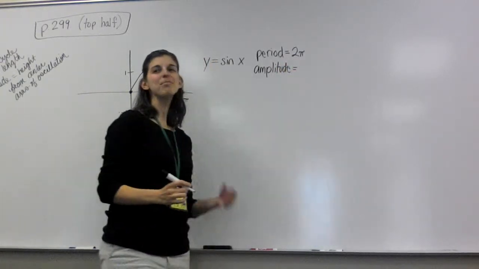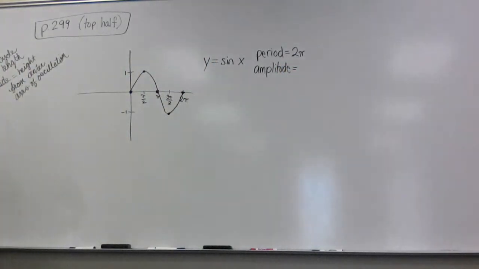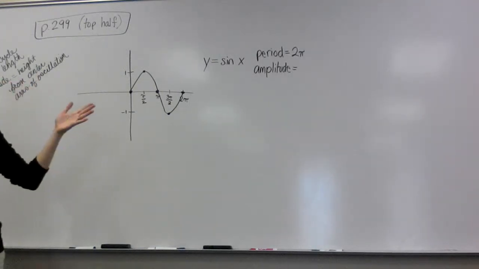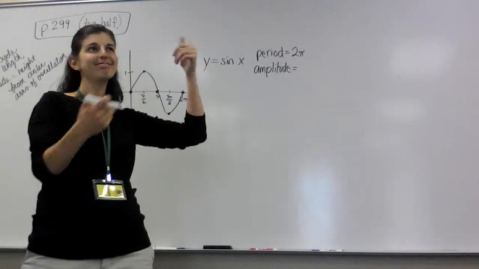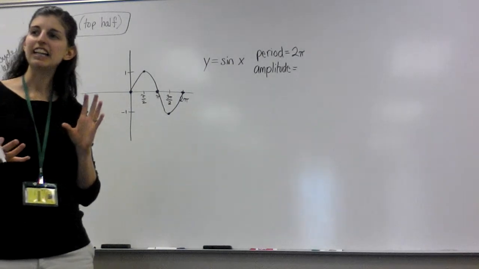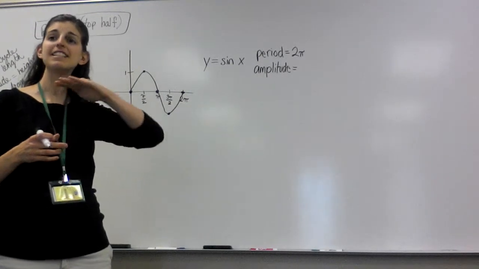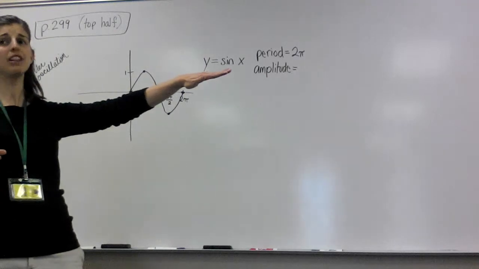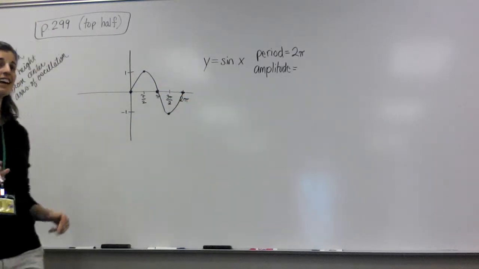The amplitude we did not get to talk about on Friday. Listen close, because it's kind of an ambiguous definition. The amplitude is the height in both directions away from your center axis of oscillation. So it's how high you go in each direction, like the absolute value of the height that you go in each direction from your axis of oscillation, which doesn't have to be the x-axis, as you're going to see today.